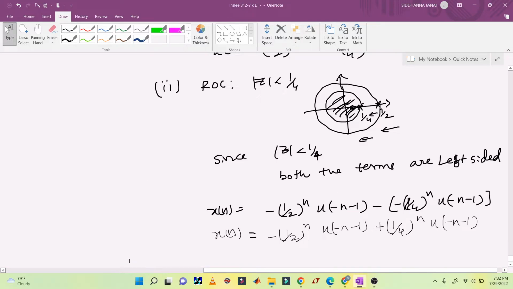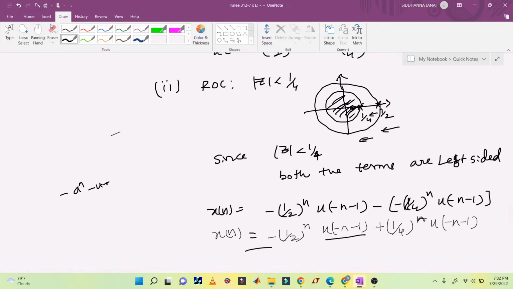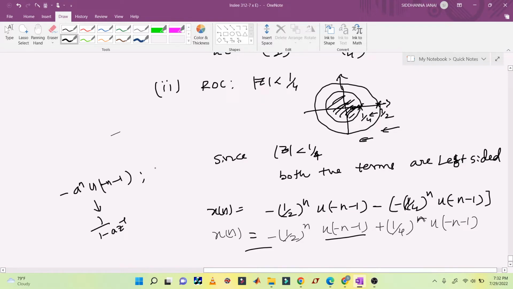both sequences were right sided, now both sequences are left sided. The standard equation we have is minus a to the power n u of minus n minus 1. So here again, for those who don't remember, for minus a to the power n u of minus n minus 1, the z transform is 1 divided by 1 minus a into z inverse for magnitude of z less than a.